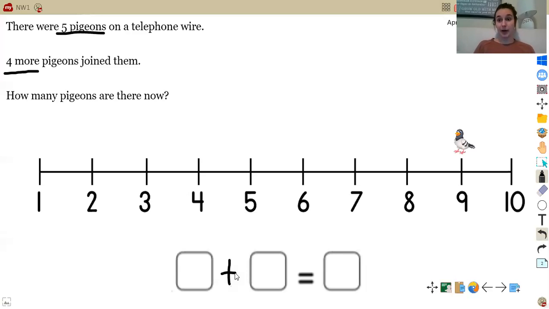Now, remember, your first number or your first box represents the number you started with. In this case, we started with 5 pigeons. So 5 plus, we added 4 more, or we moved to the right 4 numbers. So 5 plus 4 equals 9.